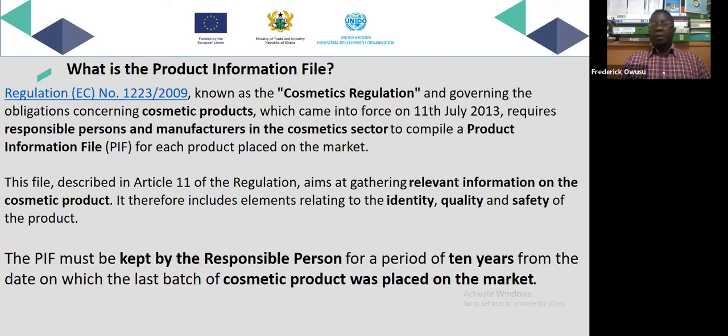The cosmetic regulation of the European Union says that it's an obligation that every cosmetic product that comes to that market should have this file accompanying the consignment. It came into force in July 2013.